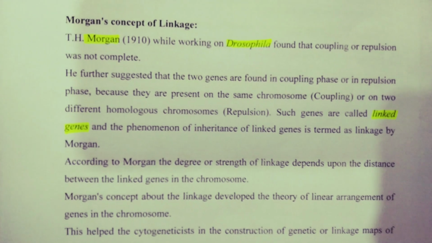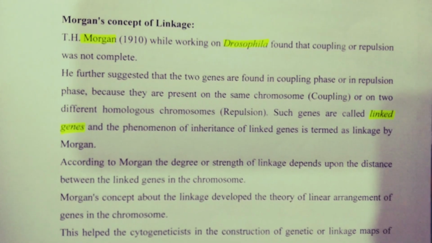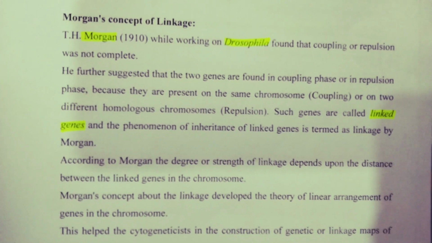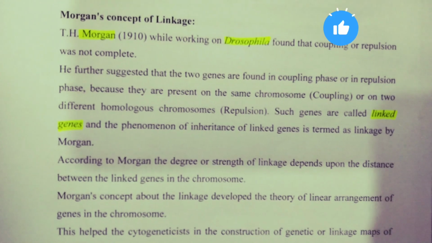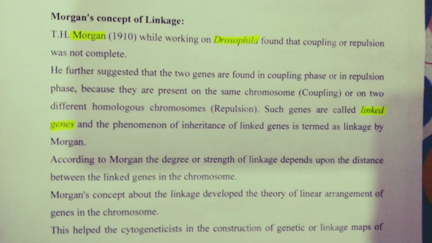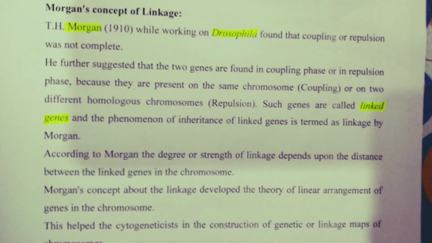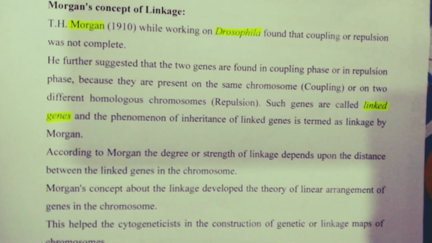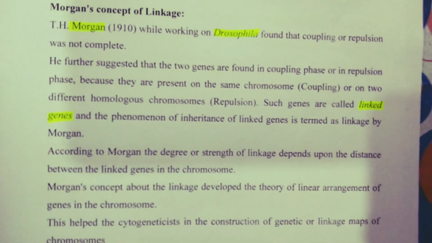So let's see Morgan's concept of linkage. T.H. Morgan was working on Drosophila. At that time he did not know completely about coupling and repulsion phases, but he suggested that two genes are found in coupling phase or repulsion phase when they are present on the same chromosome.